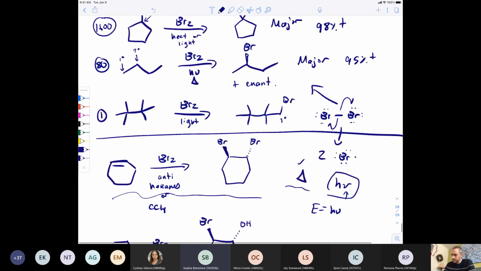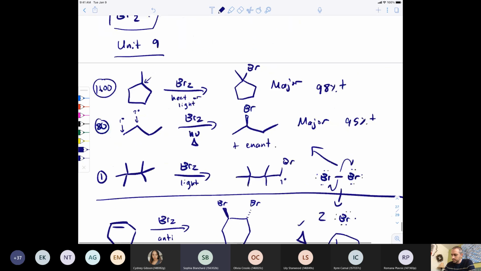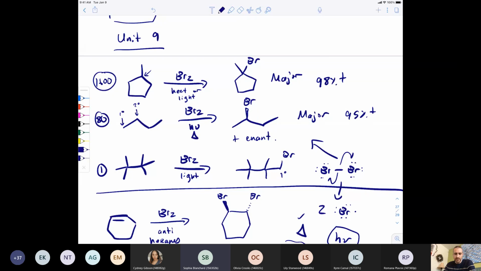She just drew the Br as planar. Is that wrong? Nope, that's fine. It's an opportunity where you can show that information, but if we didn't ask for it, then it's not wrong to not put it. Okay, thank you. Yeah, hopefully that makes sense.